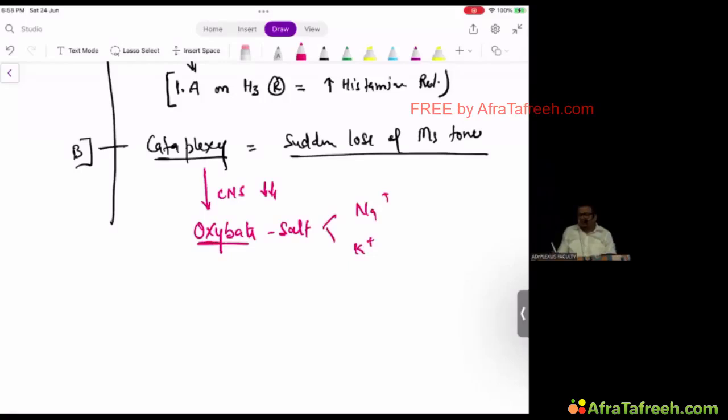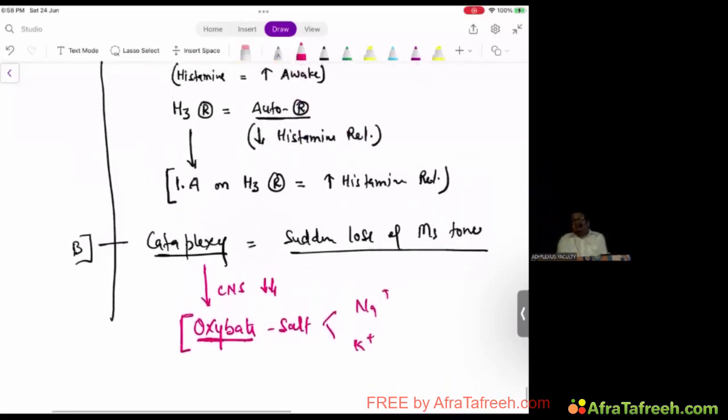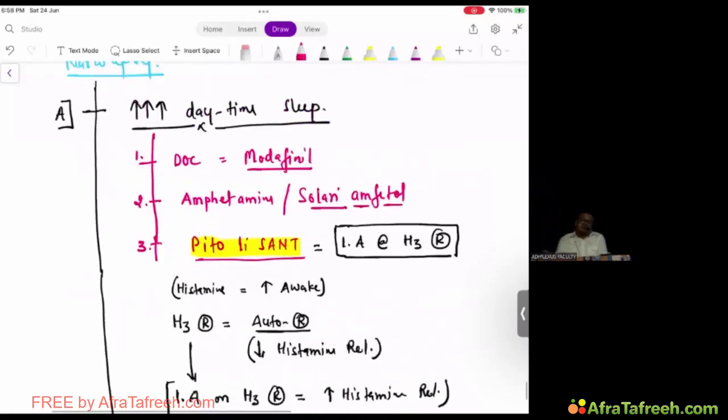So sodium oxybate, potassium oxybate are the drug of choice for cataplexy. We need a CNS depressant, and that is the oxybate. So again I'll repeat, if you are asked drug of choice for narcolepsy, without any doubt the answer is modafinil.